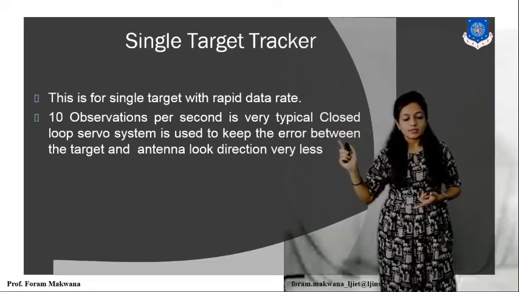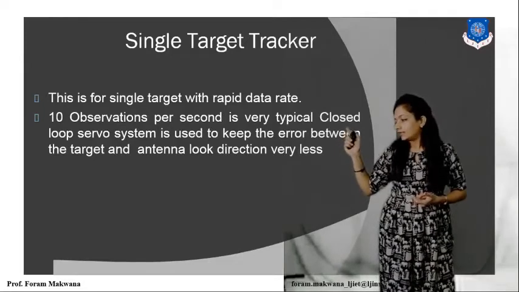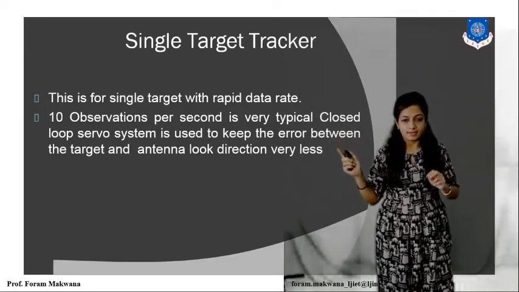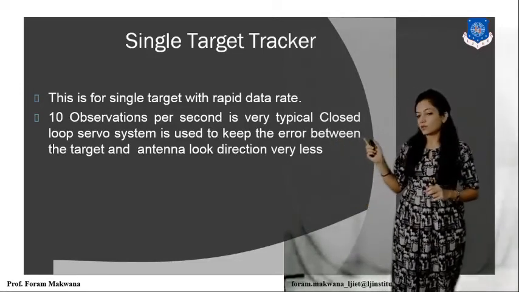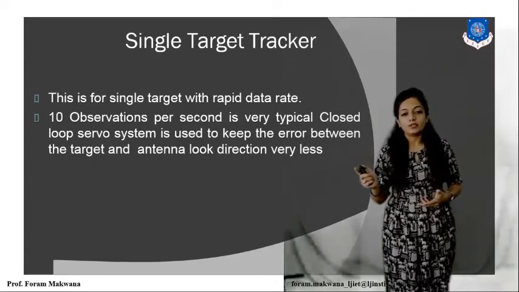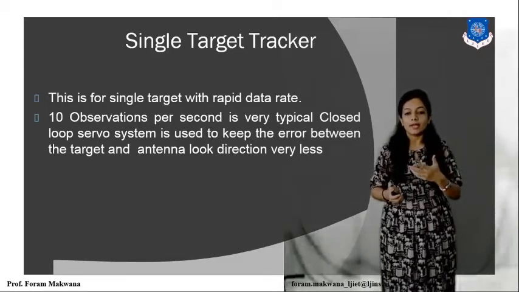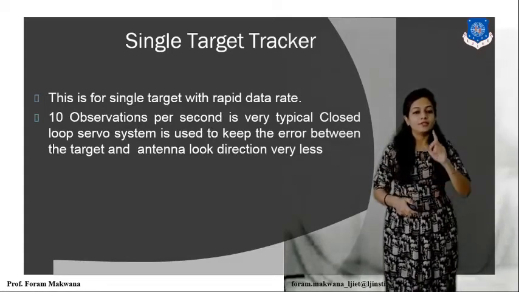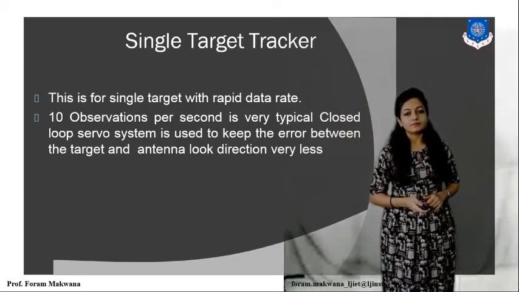First, we transmit pulses, at 10 observation pulses per second, typically with a closed loop servo system which is used to keep the error between the target and my antenna look direction very small with single target track. Right?